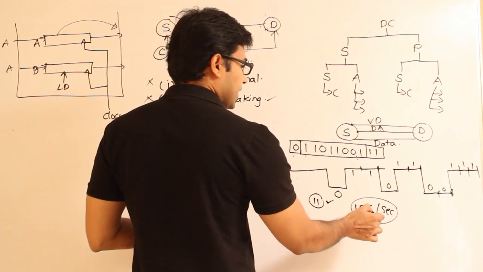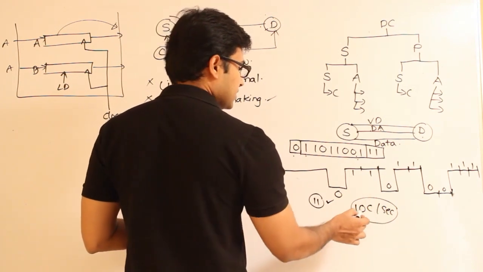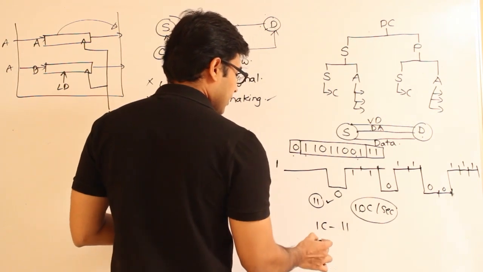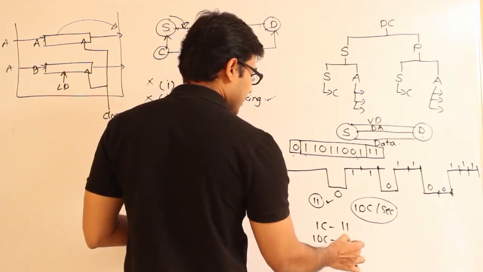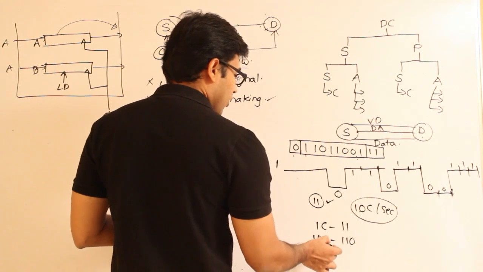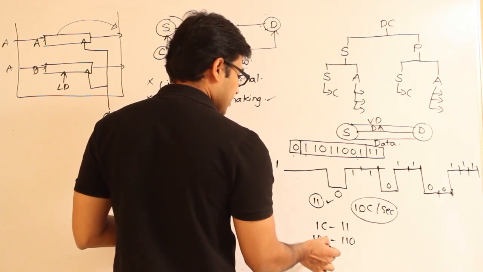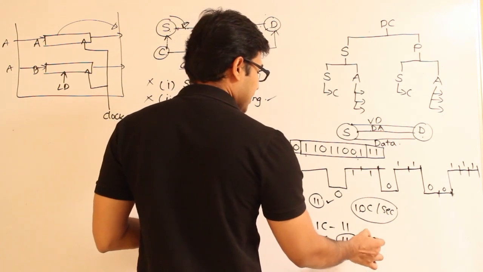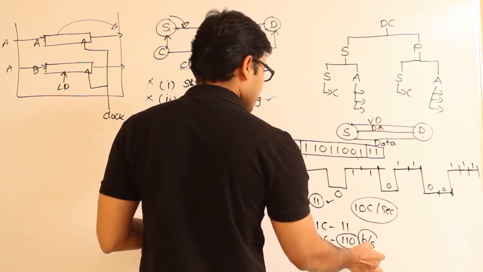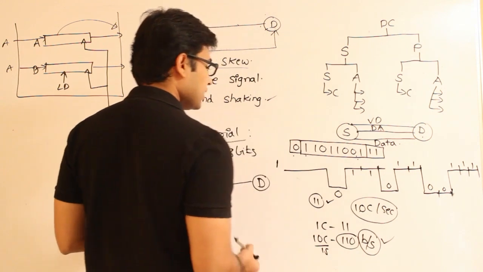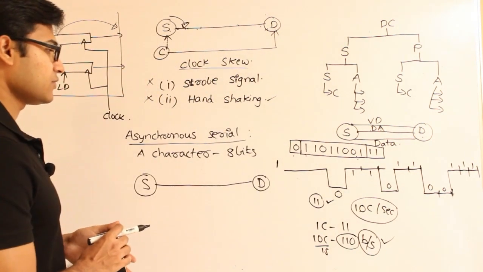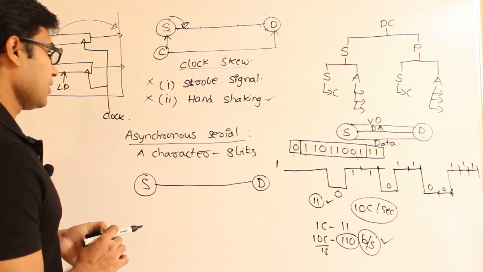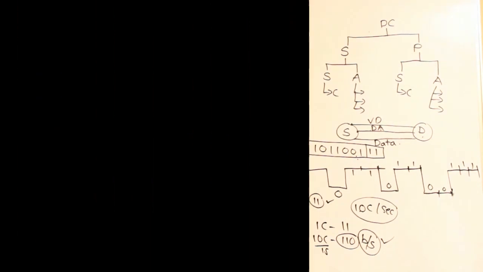If you are sending 10 characters per second, one character is taking 11 bits, therefore 10 characters will take 110 bits. If all the 10 characters have to be sent in 1 second, then 110 bits have to be sent per second. Therefore the data transfer rate has to be 110 bits per second. Got it? Okay, we shall see it now.